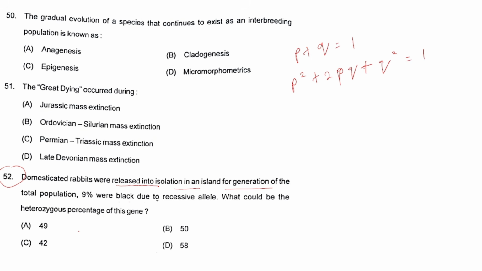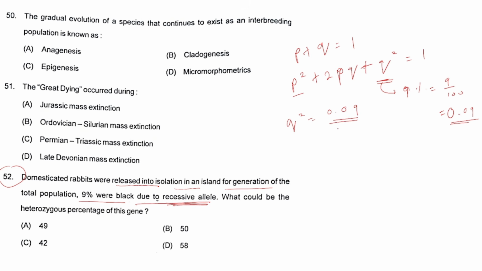So here what is given? The recessive 9% is given as the recessive allele. When they speak of the recessive allele, we have to take either P square or Q square. Let's consider Q square to be recessive. Q square is 9%, which I can write as 9 by 100, that is 0.09.